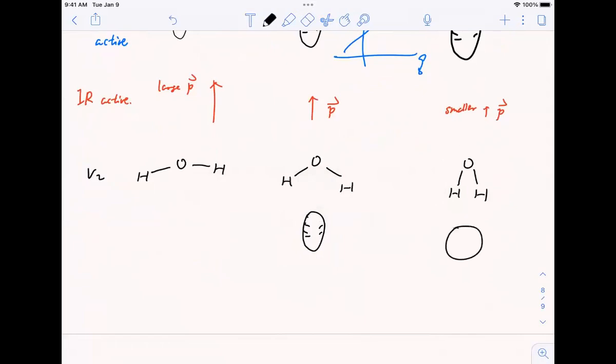So let me just draw something like a sphere, okay? And then this one will be more asymmetric. So these are different. If you plot the Raman tensor, it will also go like this. The slope is also non-zero. So this mode is Raman active. And similarly, you just draw the dipole.